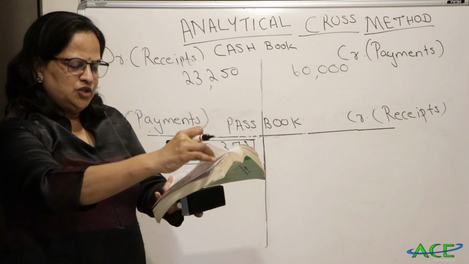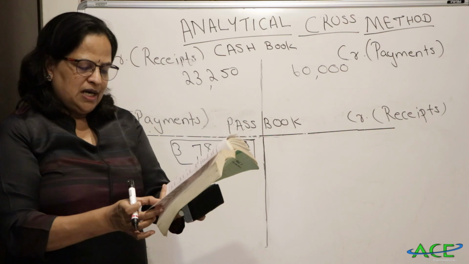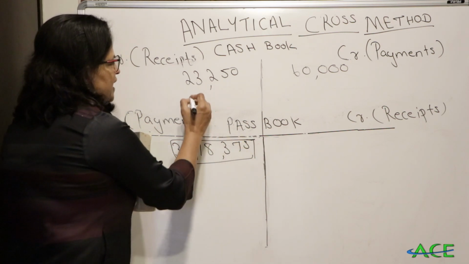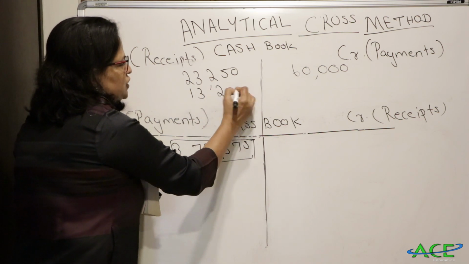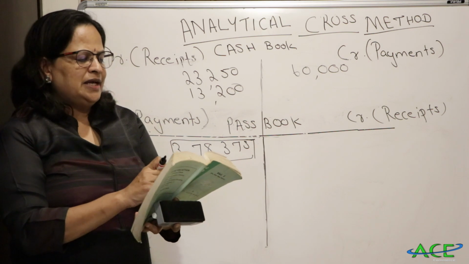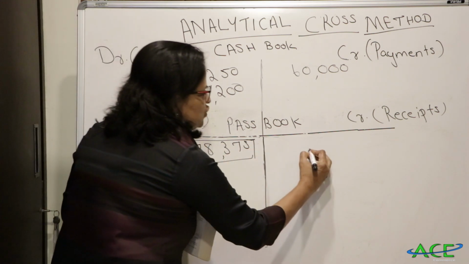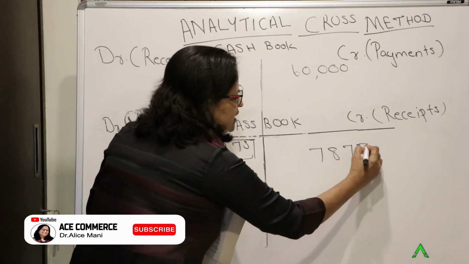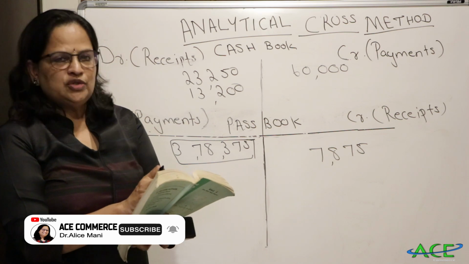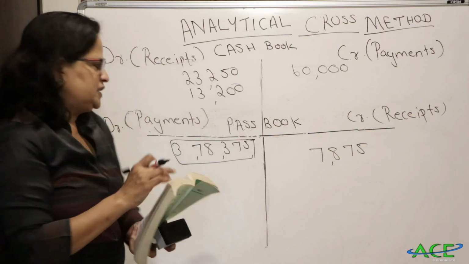Now checks amounting to rupees 13,200 were deposited into the bank for collection, but there was no corresponding entry in the passbook. Check received is cash received. It will come here, 13,200. Next, the bank collected interest on investments, 7,875, as per the standing instructions, and also charged 1,125 as bank charges.